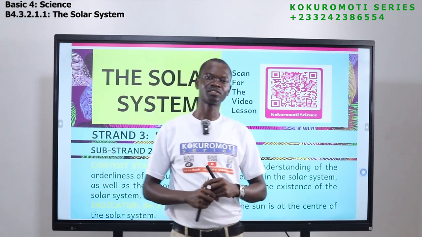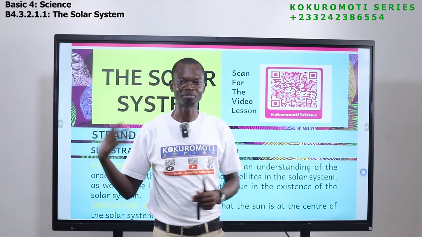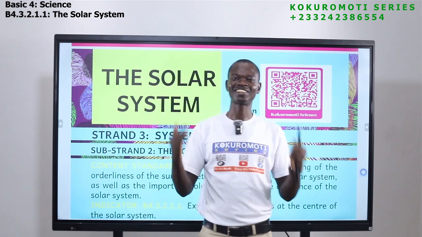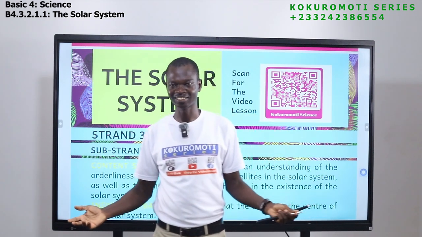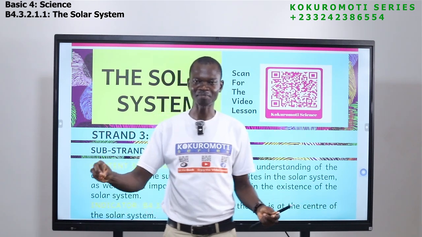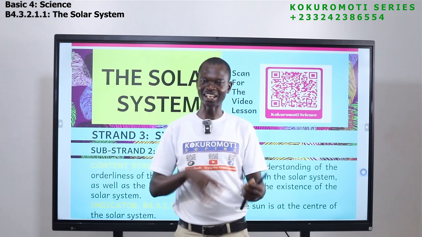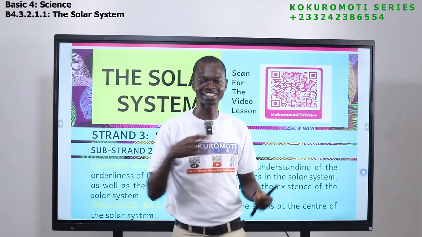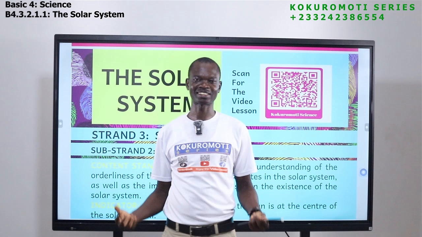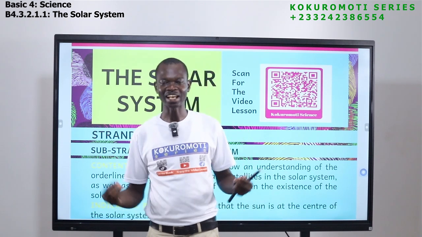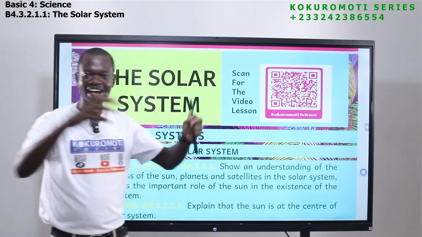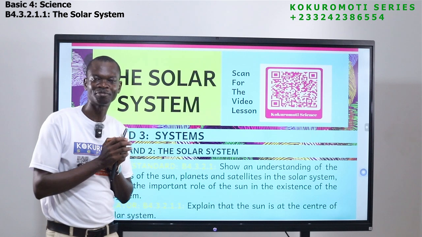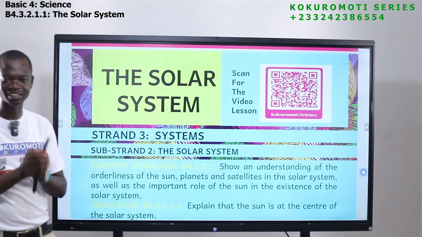Now the solar, that is attached to the system. What is solar? Solar refers to the sun. So in this system, the parts that come together, the sun is part. So we are looking at the sun and other parts that work together. That is the solar system.